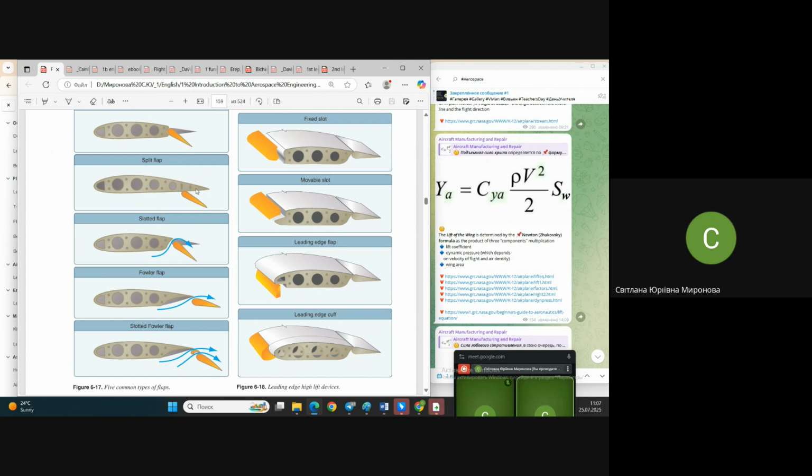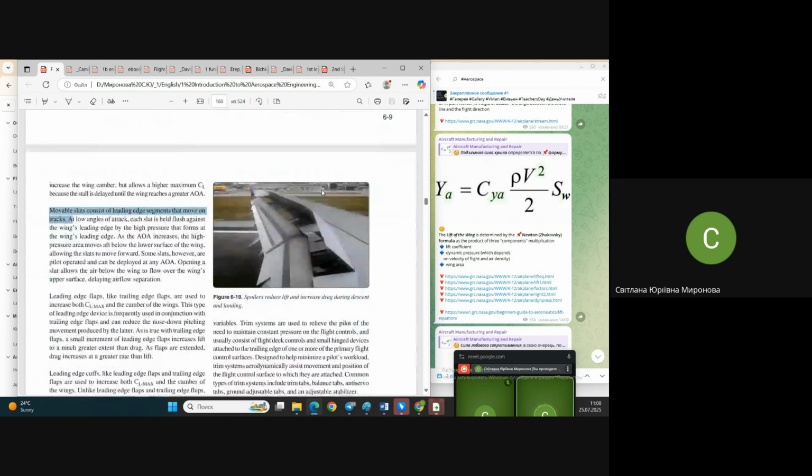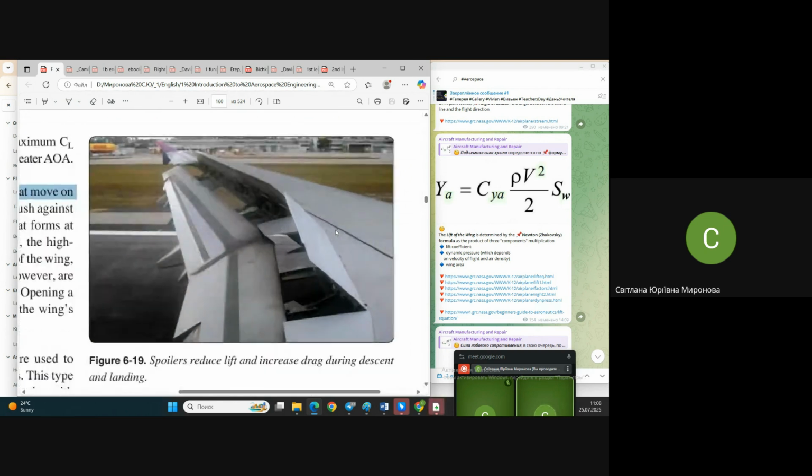But flaps move down and spoilers always move up. I didn't find a scheme in this book, but we might see it immediately in a photo, very well visible. And these spoilers, or another name for them, interceptors. In English literature I mostly see the name spoiler.